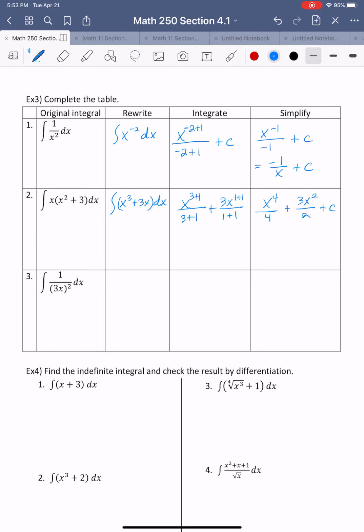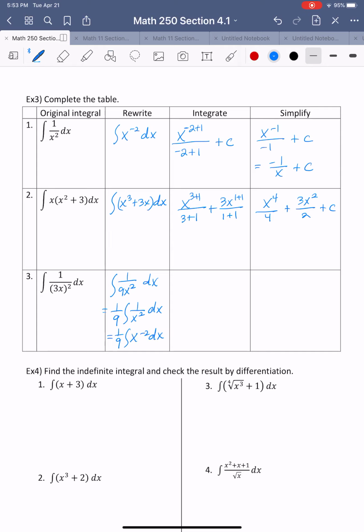For the third one, I want to square the 3x, which gives 1 over 9x squared dx. Then I pull out the 1/9, you don't need to keep that in the integral, leaving 1 over x squared dx. It's easier to write it as x to the negative 2 dx.